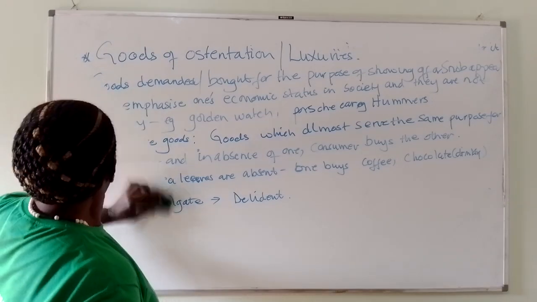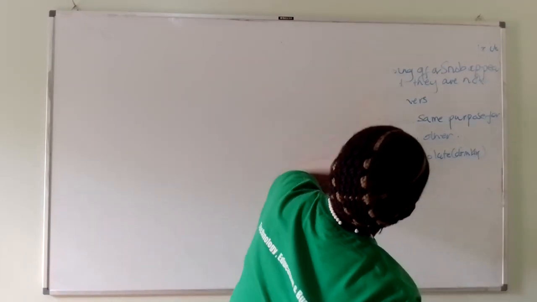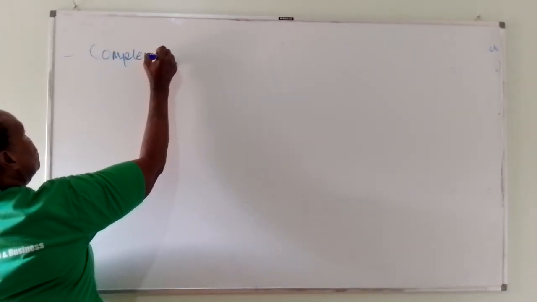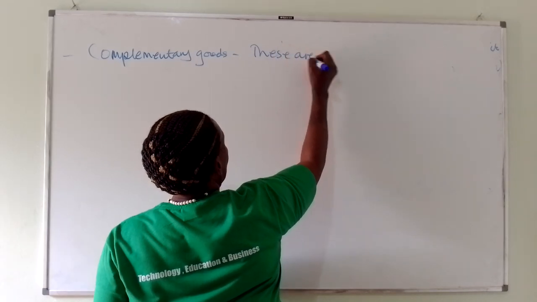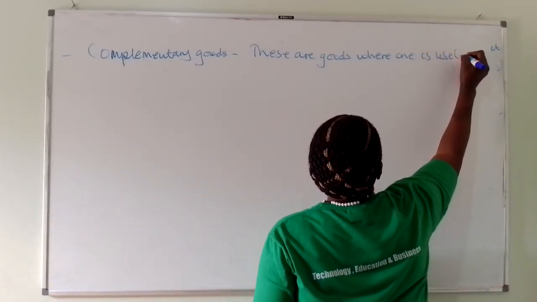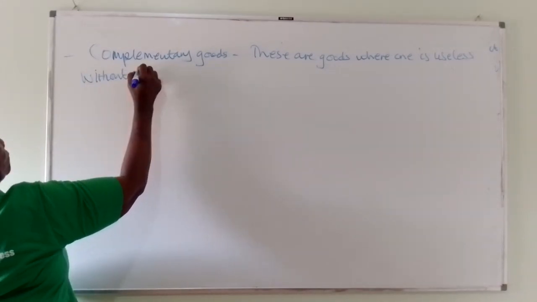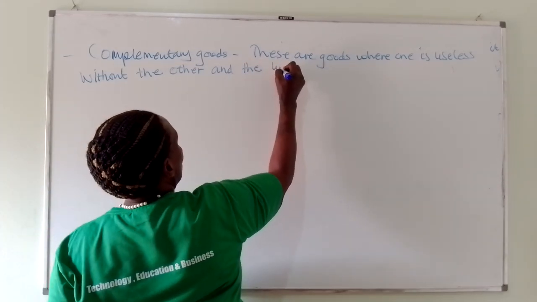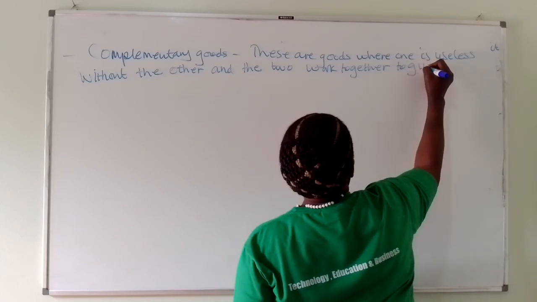So those are the substitute goods, but we also have another type of goods which we call the complementary goods. These are goods where one is useless without the other, and the two work together to give the consumer the desired satisfaction.